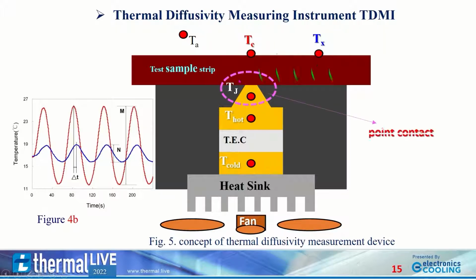When the sine wave of heating power is transmitted from T sub c to T sub x and the temperature change is recorded, the red curve and the blue curve in Figure 4b can be obtained after a periodical time to be thermally equivalent. The heating fixture is a TEC chip. The hot side of the TEC is combined with a heat sink to remove heat.